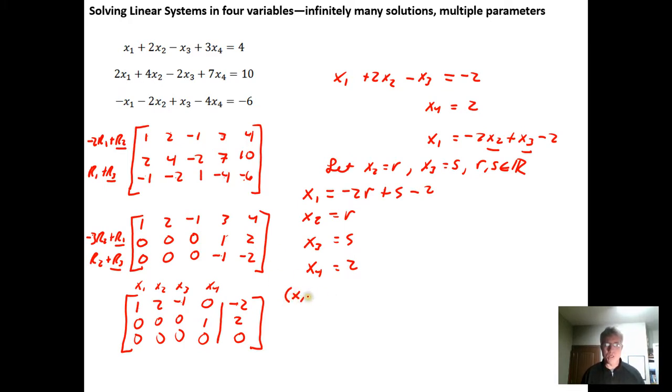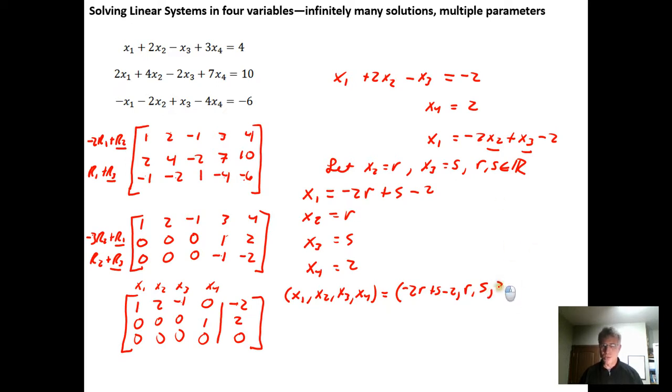our solutions are ordered 4 tuples: x sub 1, x sub 2, x sub 3, x sub 4. And in the parameterized form, they look like x sub 1 is really negative 2r plus s minus 2. x sub 2 is really r, x sub 3 is represented by s, and x sub 4 is a 2.